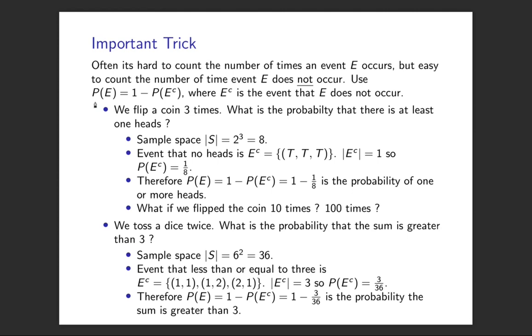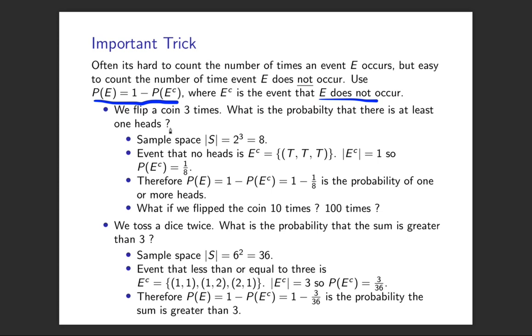So we're using the fact that the probability of an event E is 1 minus the probability of its complement. The complement is the event E does not occur. And it might be that if counting the number of elements in the event E is hard, maybe counting the complement's easy. And vice versa, of course, right?